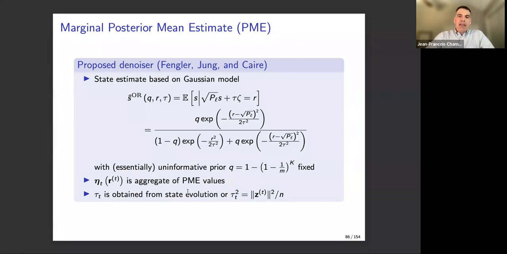And T is the variance of the Gaussian noise that's added to your effective observation, and it can be computed either using the state evolution, or empirically as part of your algorithm using this approximation, and they work quite well.